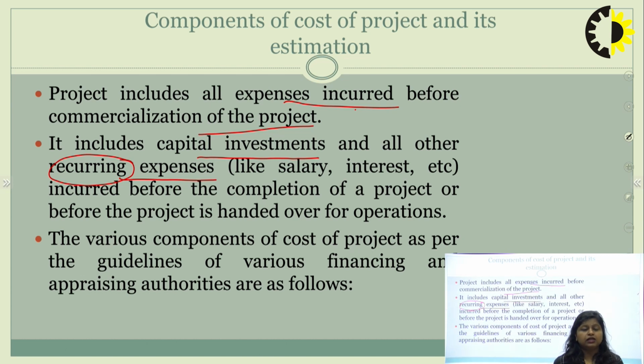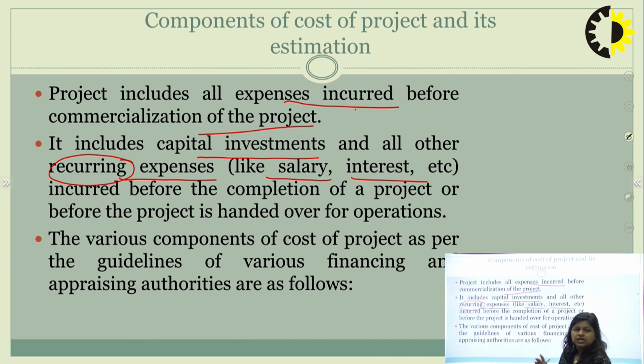We need to pay the salary to the employees each and every month, depending upon the salary structure. We need to pay the interest to the bank each and every month. So these all are recurring expenses, which we have to incur again and again.